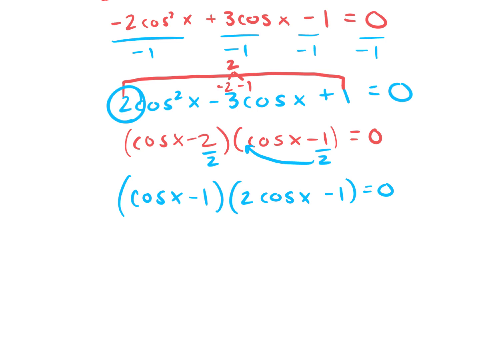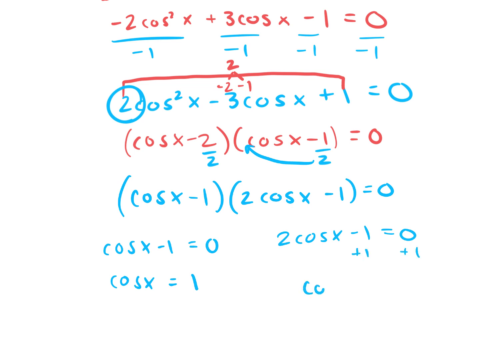Now I can set them both equal to 0. So I get cosine is equal to what? 1. And the other one, I need to add 1 to both sides and then divide by 2. So cosine is equal to 1/2.